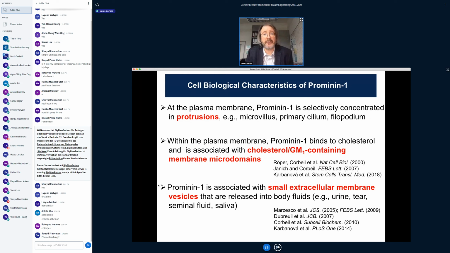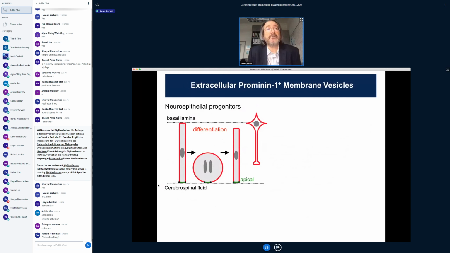So we can find this molecule in many fluids like urine, tears, and saliva, in association with very small membrane vesicles. You remember two weeks ago I was talking about that. So I will now explain how we found these very small membrane vesicles.